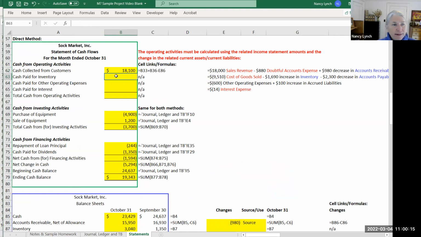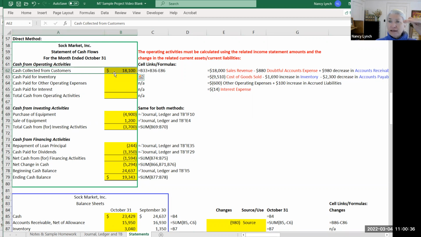It's really important when you're doing your statement of cash flows in the direct method in your project that you're not going to your journal entries and picking up the cash collected from customers. That will give you a wrong amount. So make sure you follow along doing it the way a company would do it in real life.